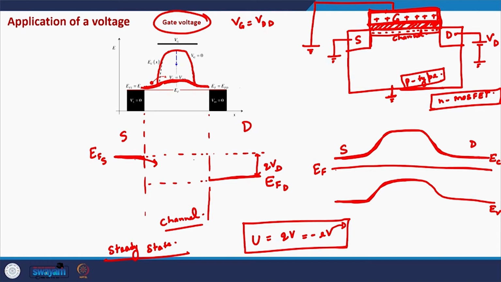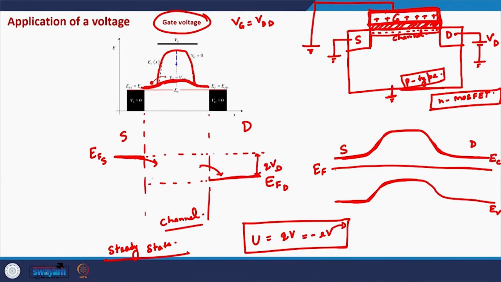So the states in between the source and the drain Fermi levels are now in flux. Source is trying to fill them, drain is trying to empty them, and that is how a current is sustained in the device, and that is how the steady state is achieved.